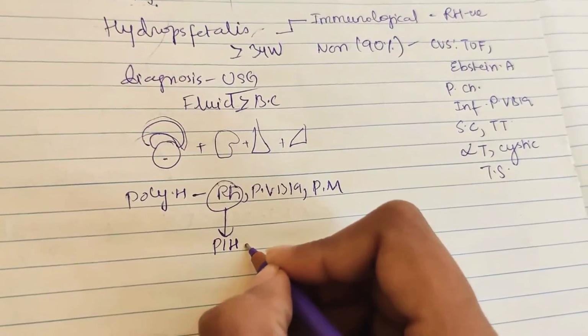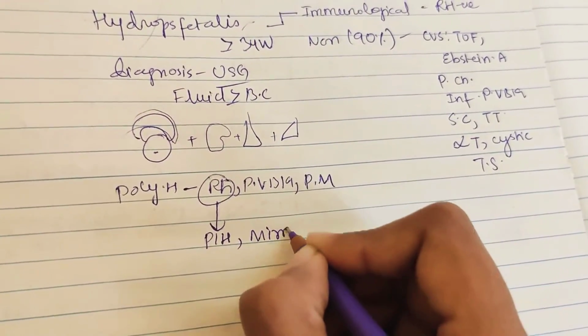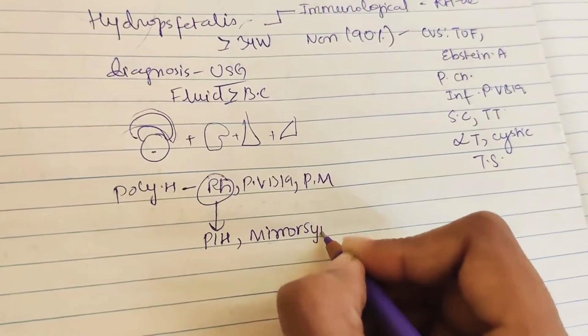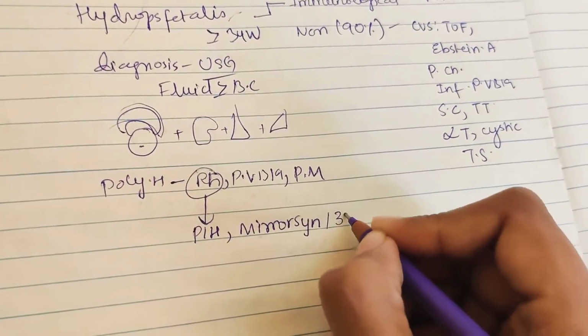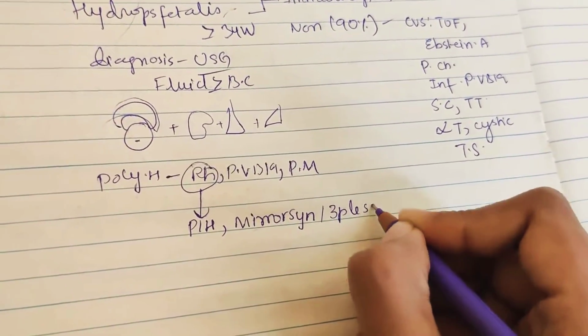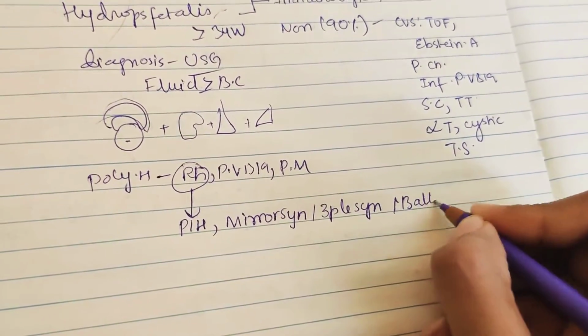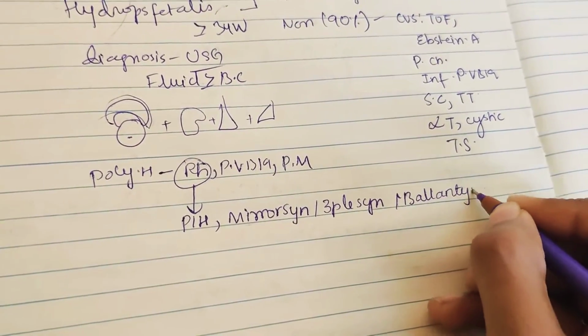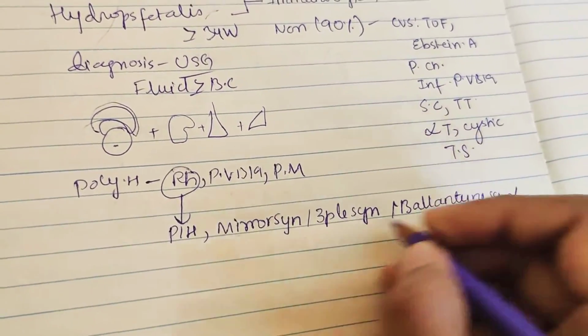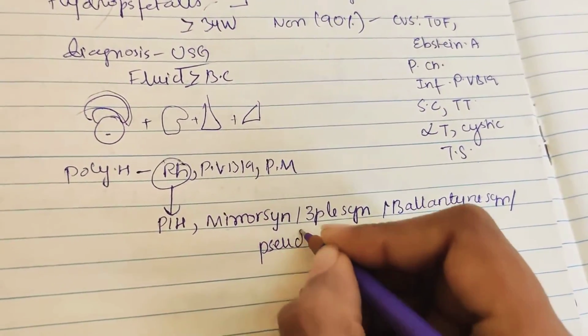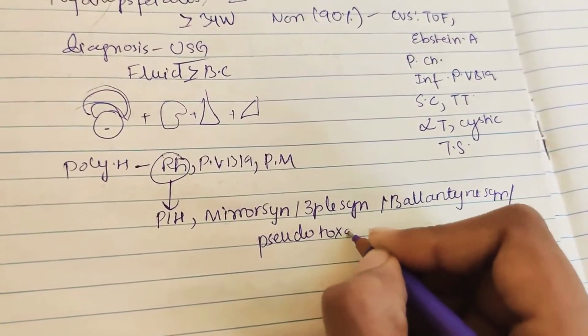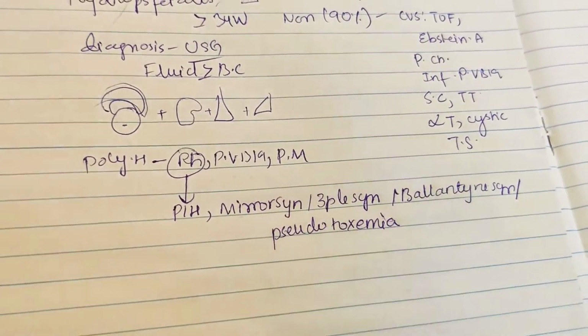Next you will have mirror syndrome. So what is mirror syndrome? It is also called triple syndrome, Ballantyne syndrome, or pseudotoxemia. These are different names for the same one.